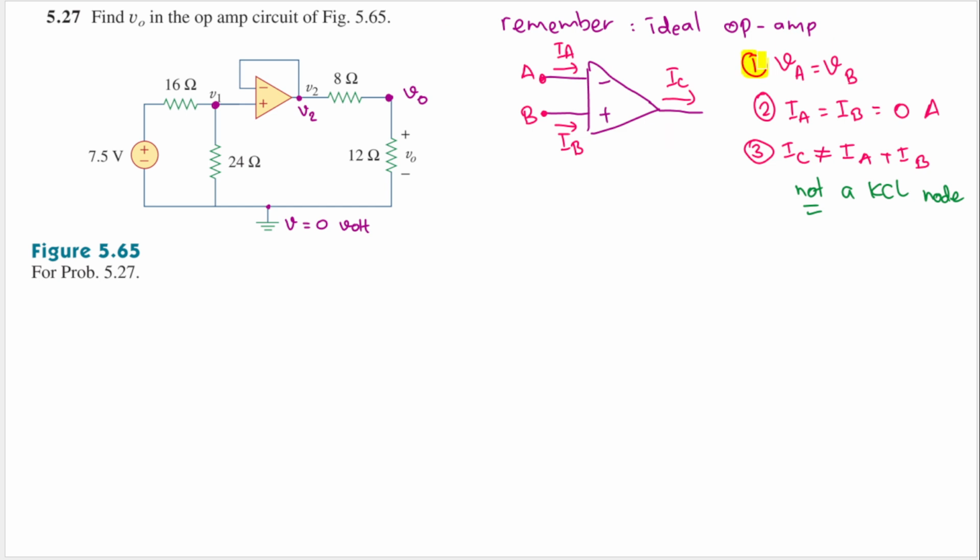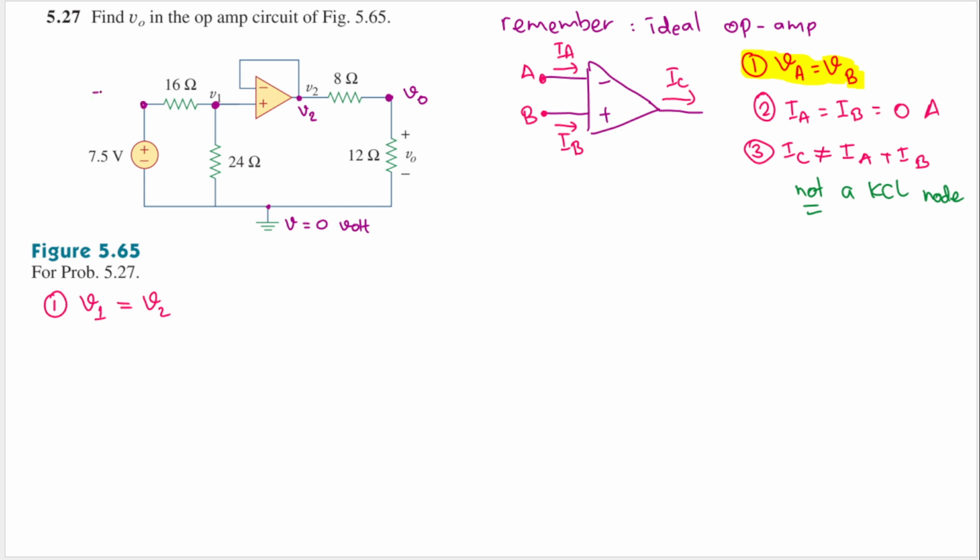So we can use the first property of the op-amp here, which is VA is equal to VB. In this case, V1 is equal to V2, right? So we will have V1 is equal to V2 from the properties of an ideal op-amp. And then this is 7.5 volt from the ground.